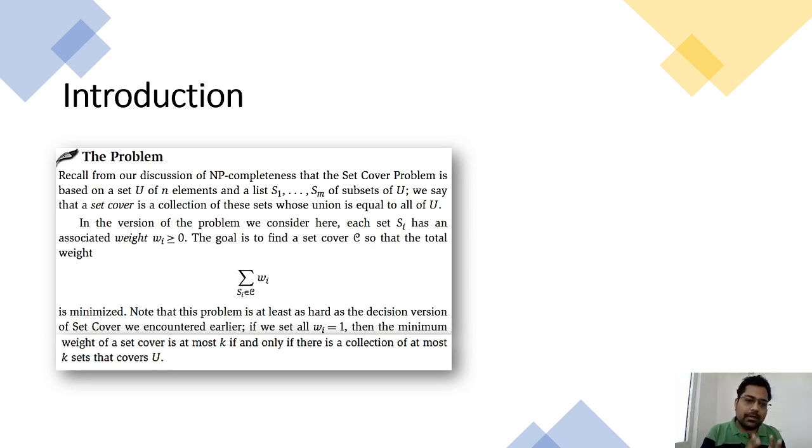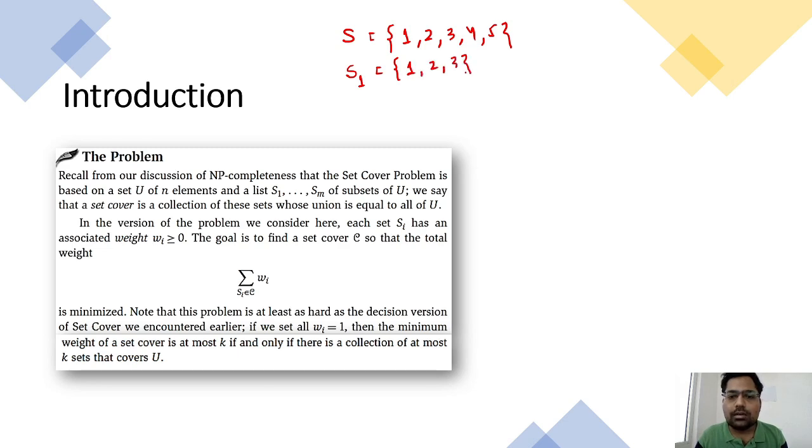In the set cover problem, suppose I am keeping a set S, where I am keeping the elements 1 2 3 4 5. This is just a universal set for us, which can be named U. Here I have kept it as capital S. Suppose S1 I am keeping, which is a subset with three elements, 1 2 3. S2 I am keeping with 4 5.